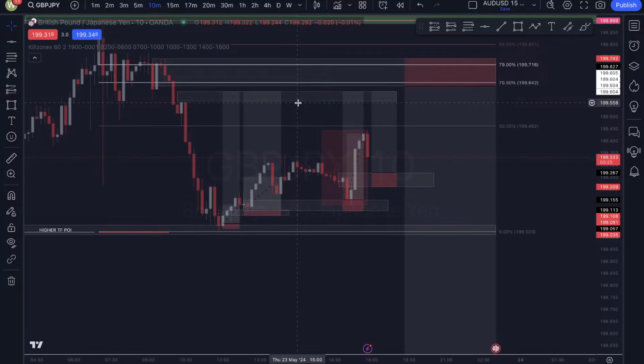So we'll just let price run. We'll let price run at these levels, see what it wants to do, and see if it'll allow another order to be added. We'd want to see it respect this indecisive level.